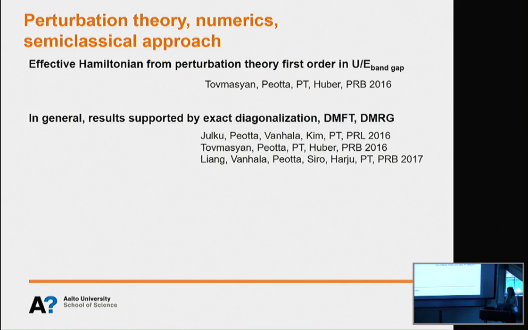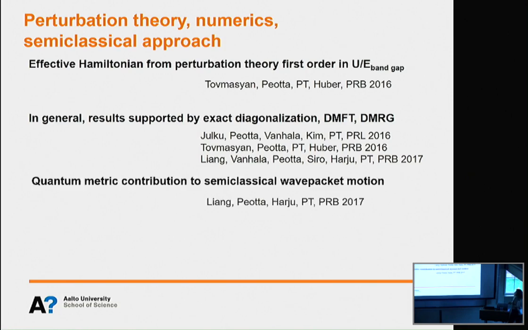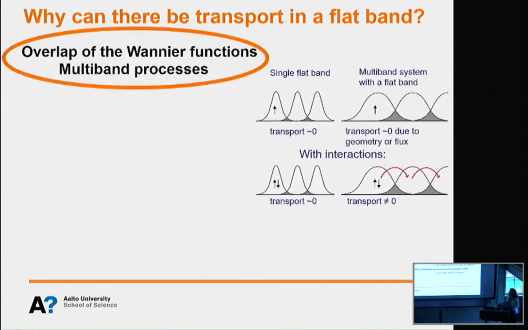We showed the same results by perturbation theory, and then we compared exact diagonalization, DMFT and DMRG in certain model systems. So we have benchmarked this, at least in some cases, to more exact methods, and the result is the same. And we also did some semi-classical work, so we pretty much believe it.